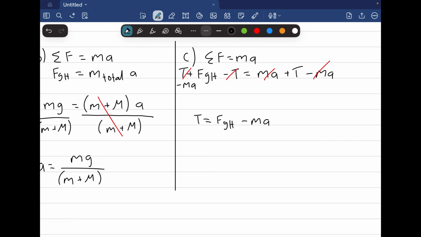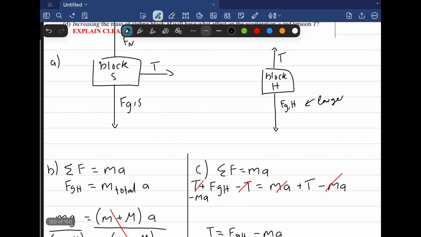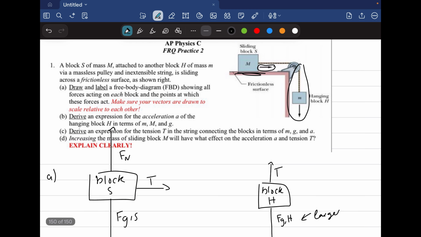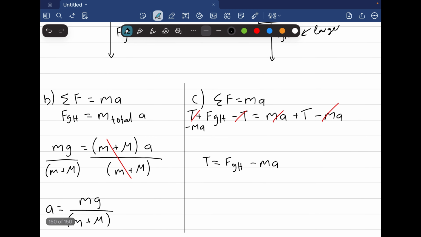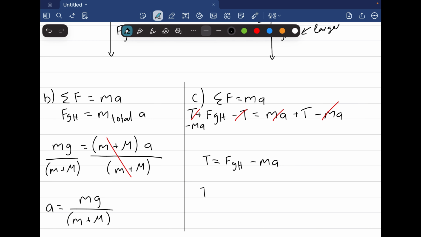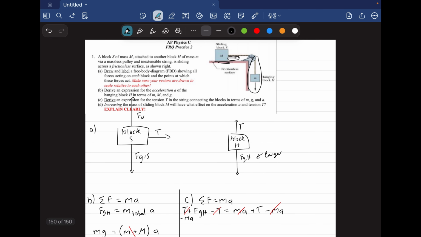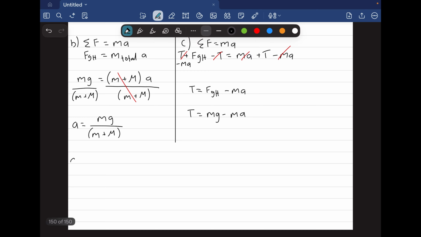Right, but in terms of mg and a, so let me expand it. T is equal to mg minus ma, okay? So that's what we have. So that's done.